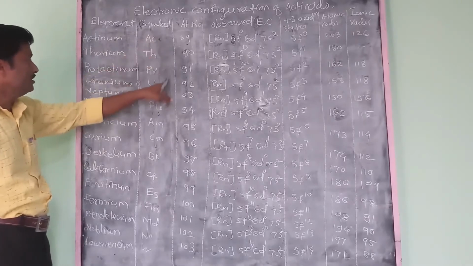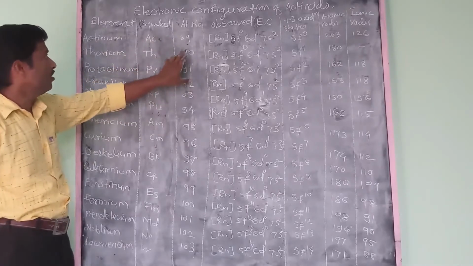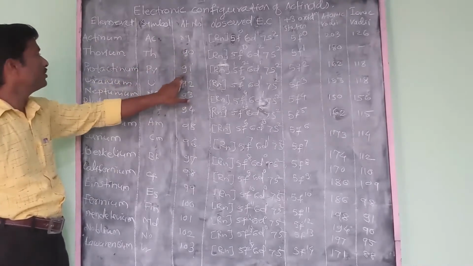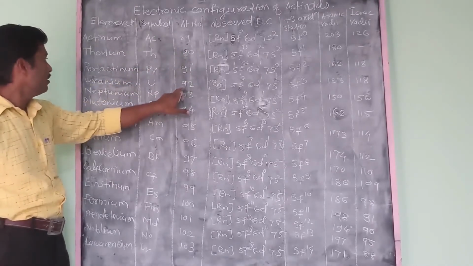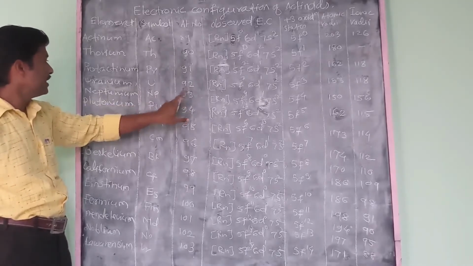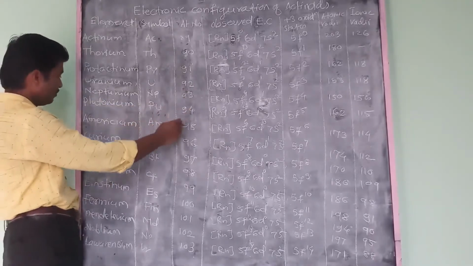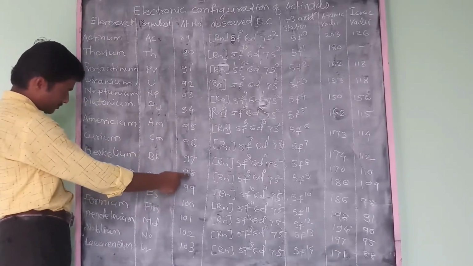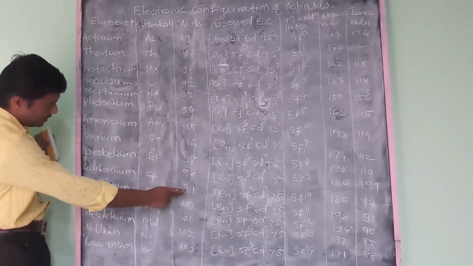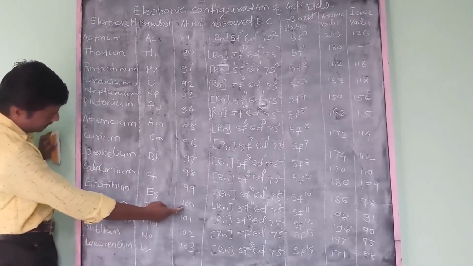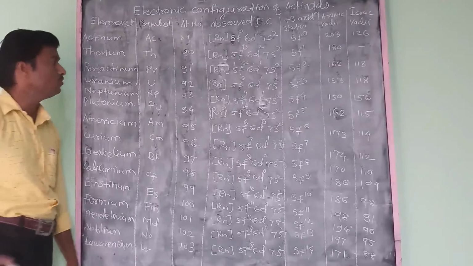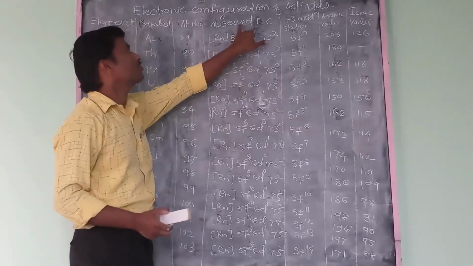The atomic numbers are: actinium 89, thorium 90, protactinium 91, uranium 92, neptunium 93, plutonium 94, americium 95, curium 96, berkelium 97, californium 98, einsteinium 99, fermium 100, mendelevium 101, nobelium 102, and lawrencium 103. This is the observed electronic configuration.